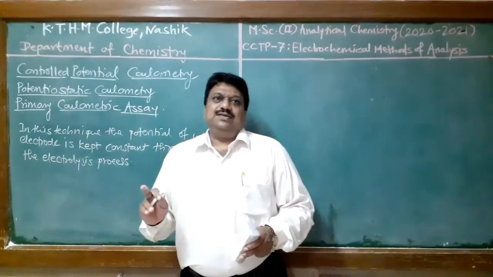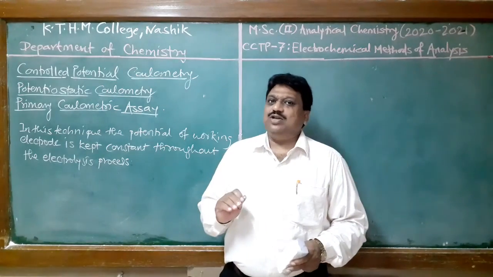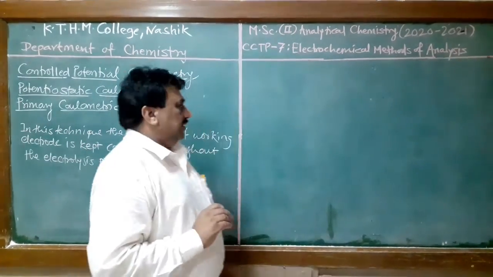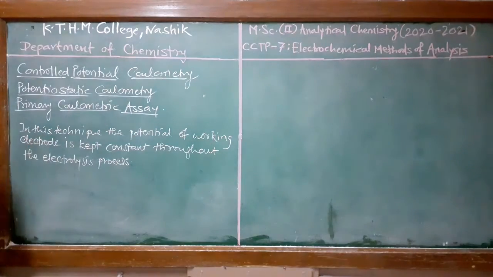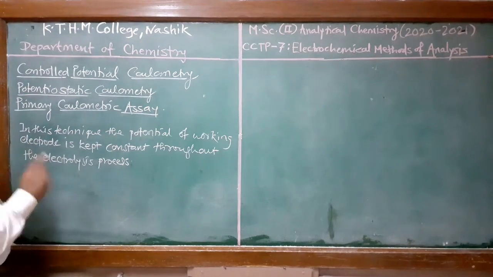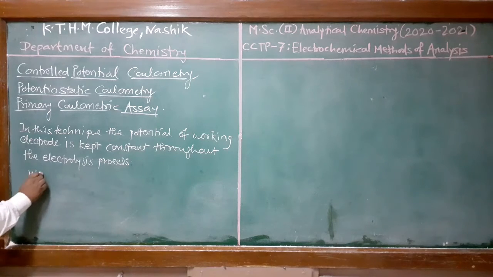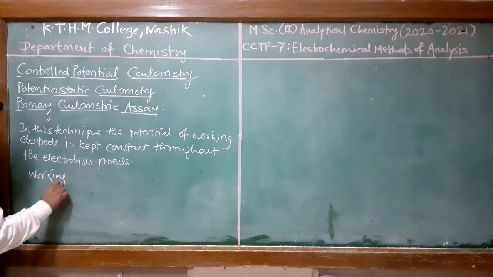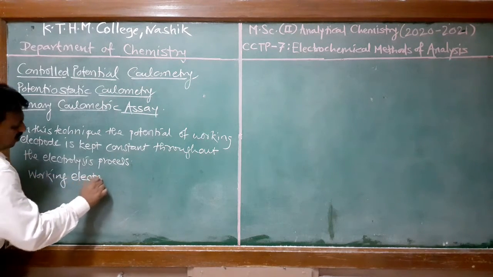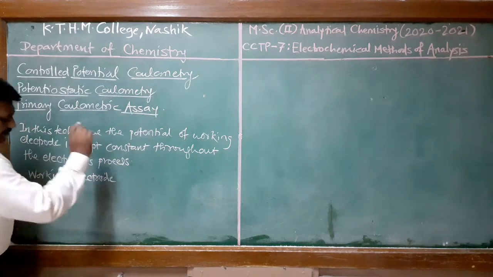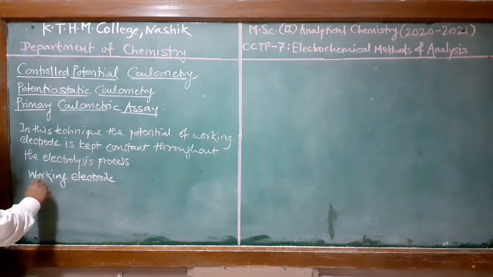Student, we discuss instrumentation of primary coulometric analysis. Here, working electrode as well as counter electrode are all made up of platinum. What is working electrode?